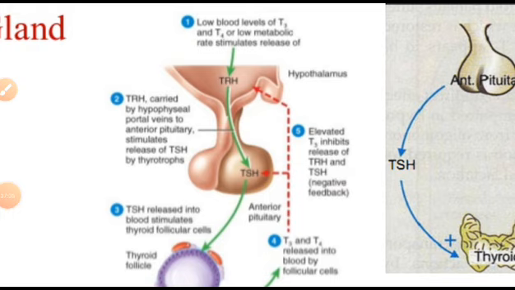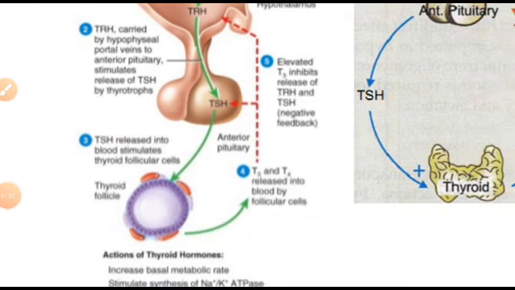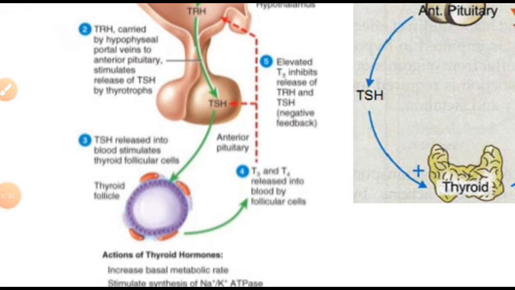So TRH is released whenever a need arises, and this TRH is carried by the hypophyseal portal vein to the anterior pituitary, stimulating release of TSH by thyrotrophs. These are the cells present there which release the TSH. Now this TSH is released into the blood and stimulates the thyroid follicular cells.